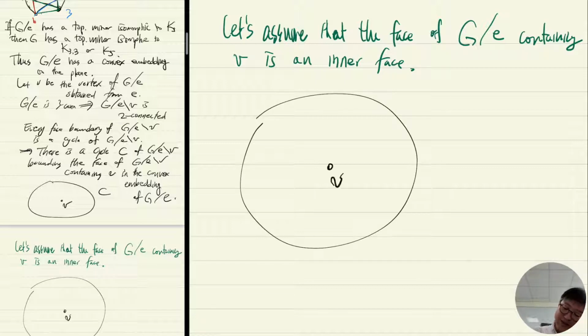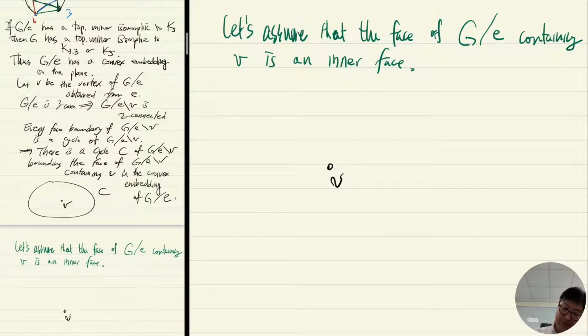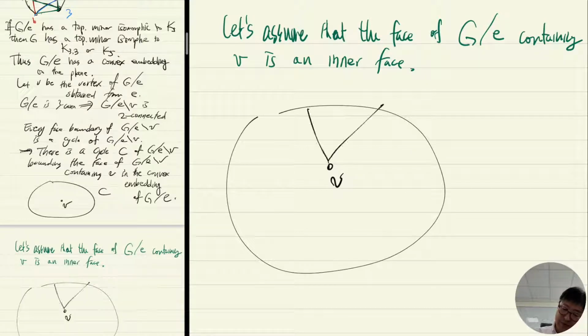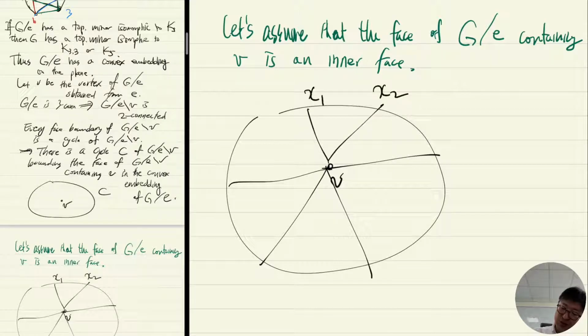So here's V. Now let's look at the neighbors of V. So x1, x2, x3, x4, x5, etc., xk.